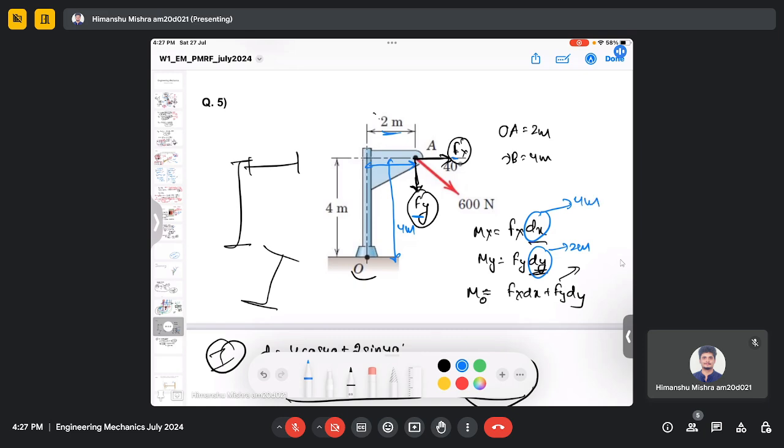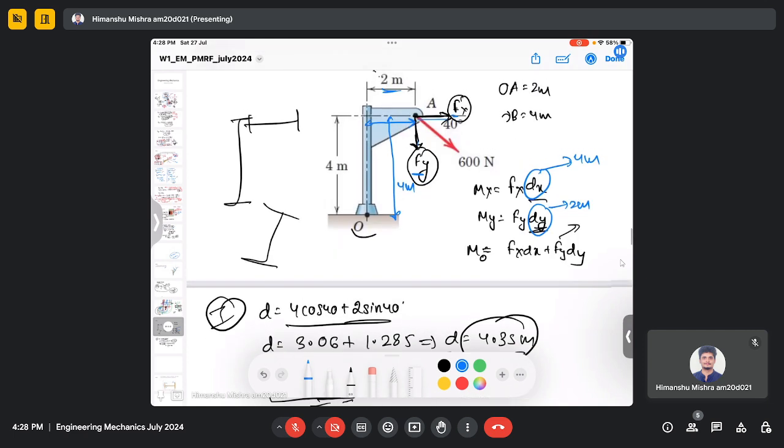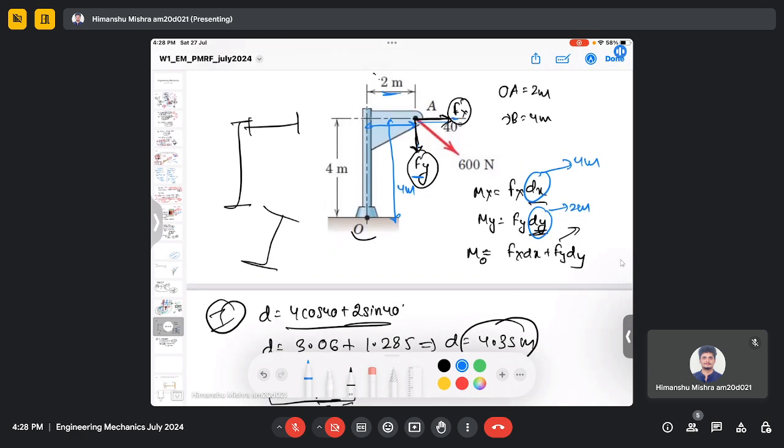And now you can see that you can easily define the perpendicular distances for Fx and Fy. You just first define the components of this force, and you can easily define the perpendicular distance of these component forces because it's very easy now. So now you can check the direction of the moment from force Fx and Fy about point O. You can just imagine the force going around point O like this.